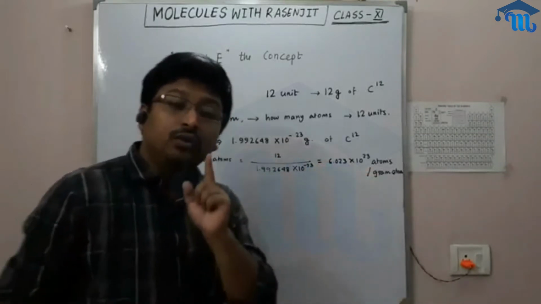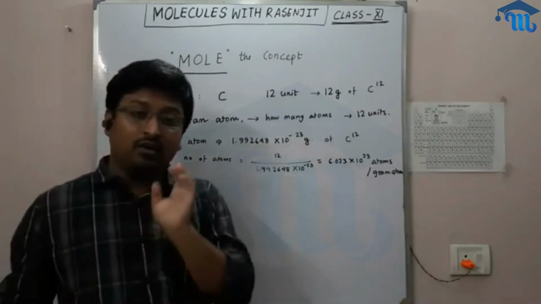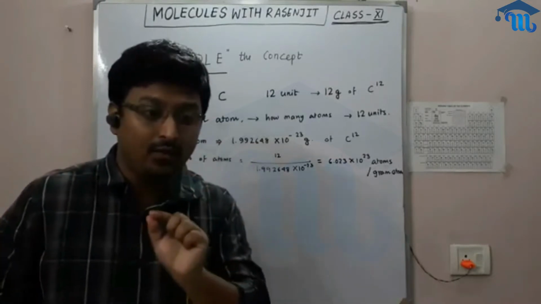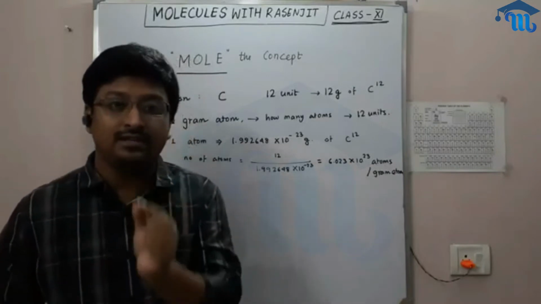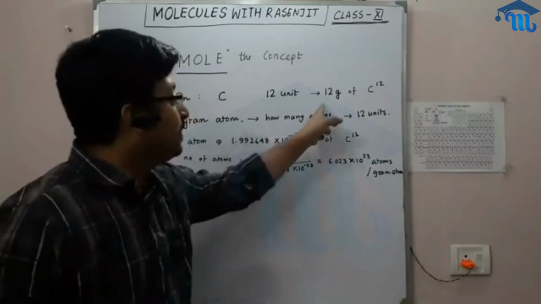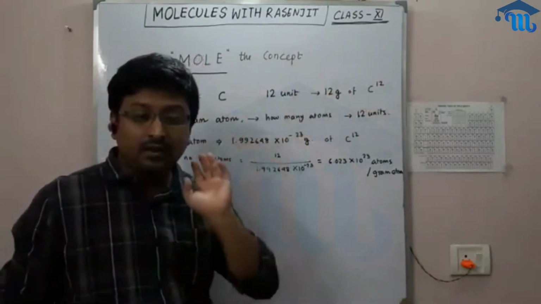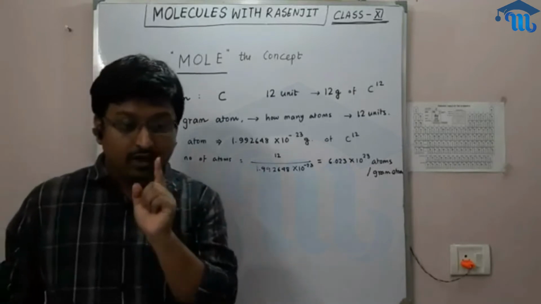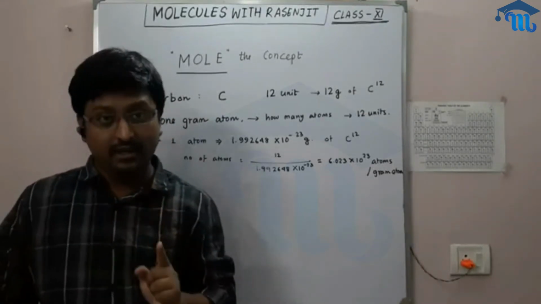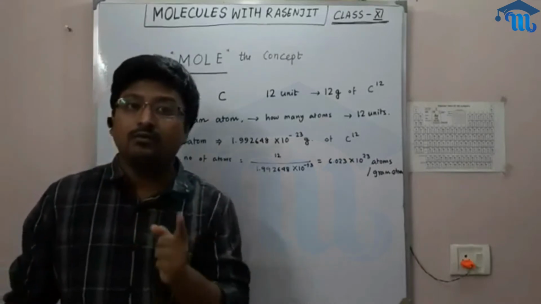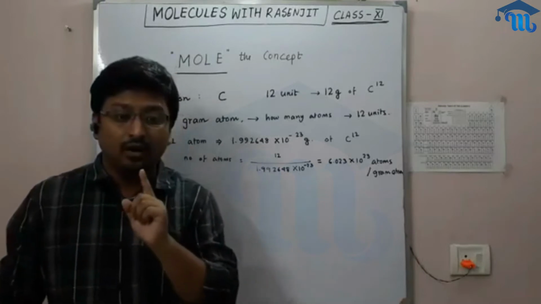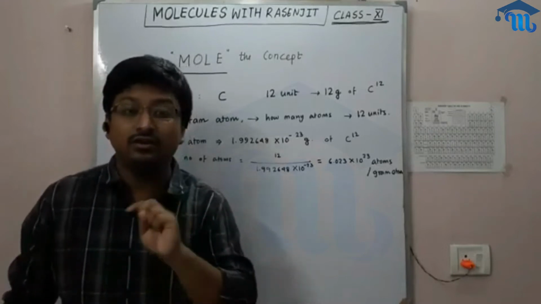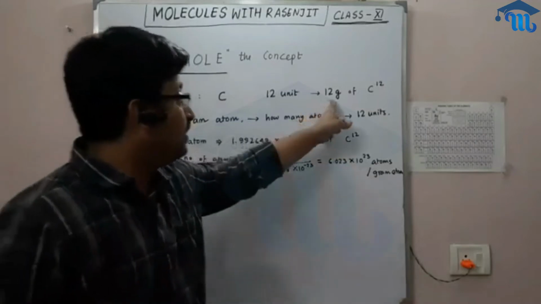But in case of molecules, the number of atoms present in 1 gram atom of any element is the same as the number of molecules present in 1 gram molecule of any substance, and it is also equal to the number of atoms present in the 12 grams of C12.